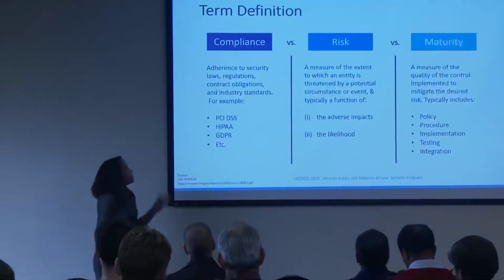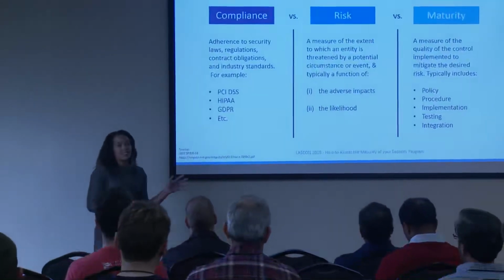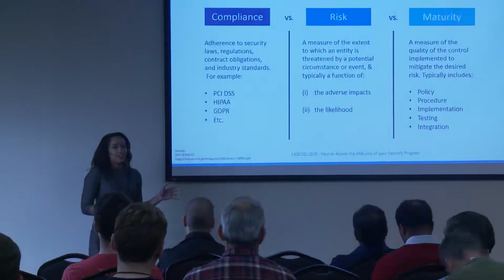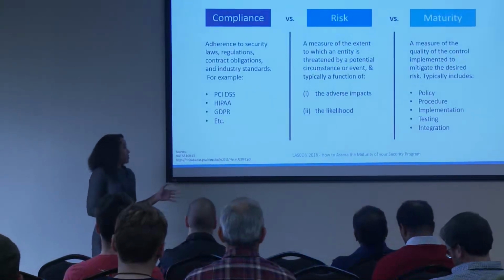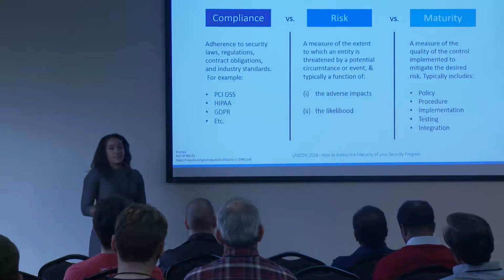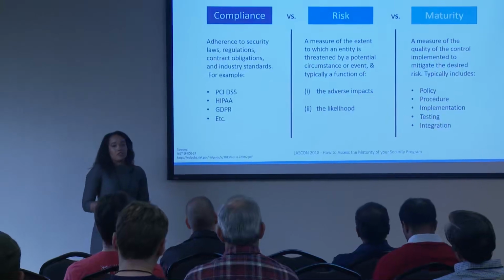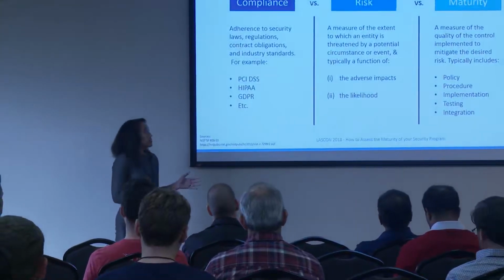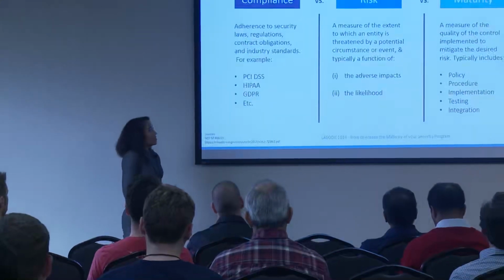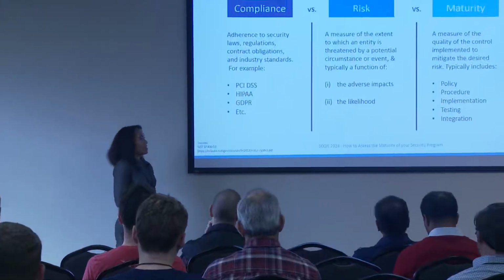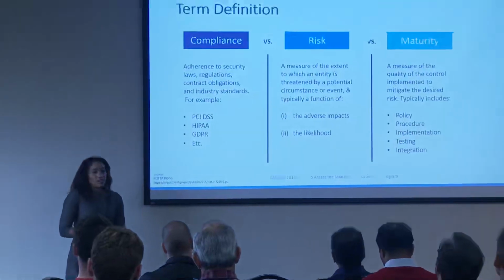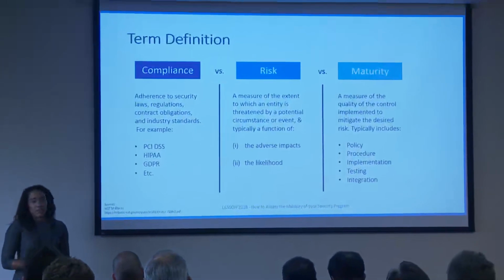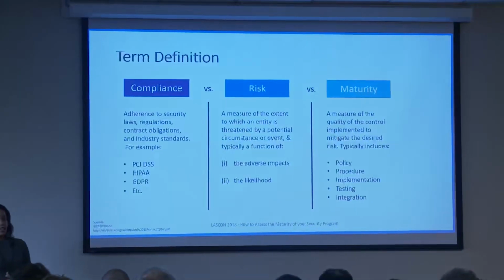So then there's compliance, and then we look at risk. The risk definition that we thought was most appropriate is from NIST SP 800-53. They do a much better job explaining it than I can, so I'm just going to read what their definition is. It's a measure of the extent to which an entity is threatened by a potential circumstance or event. Typically, you're measuring that by both the impact as well as the likelihood.